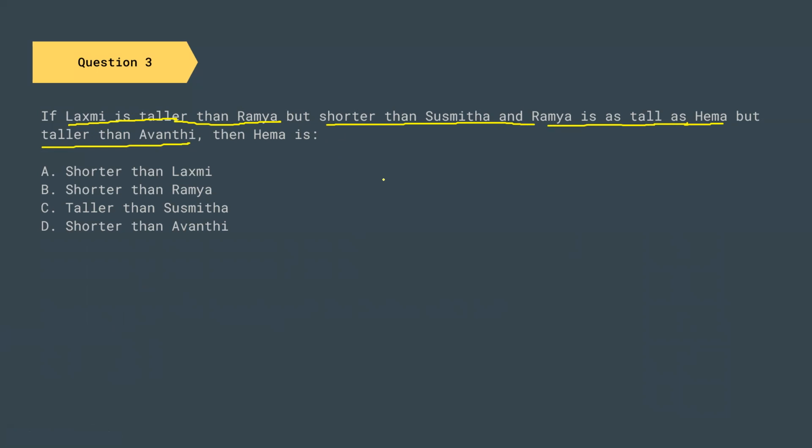So all the girls have to stand according to their height. Let us start. Let us assume that if I write A greater than B, I mean that A is taller than B. And if I write A equal to B, then A and B have the same height.